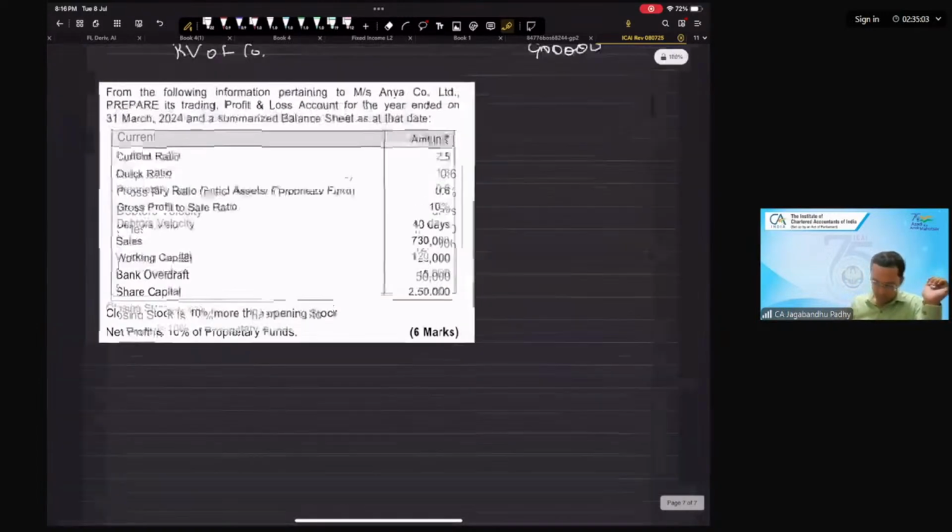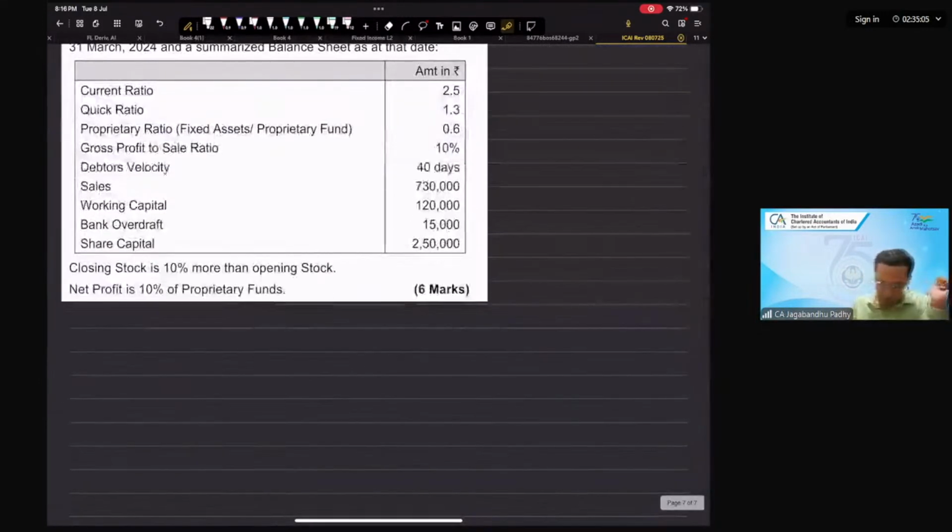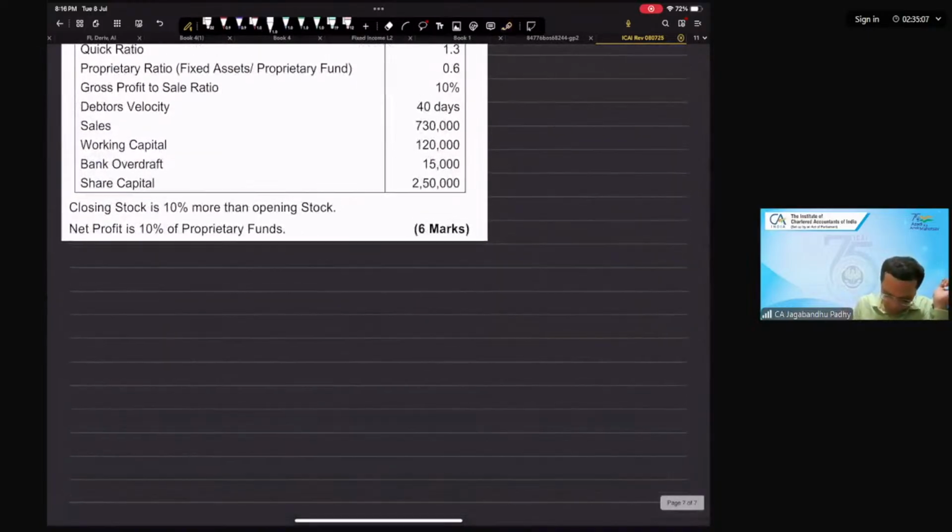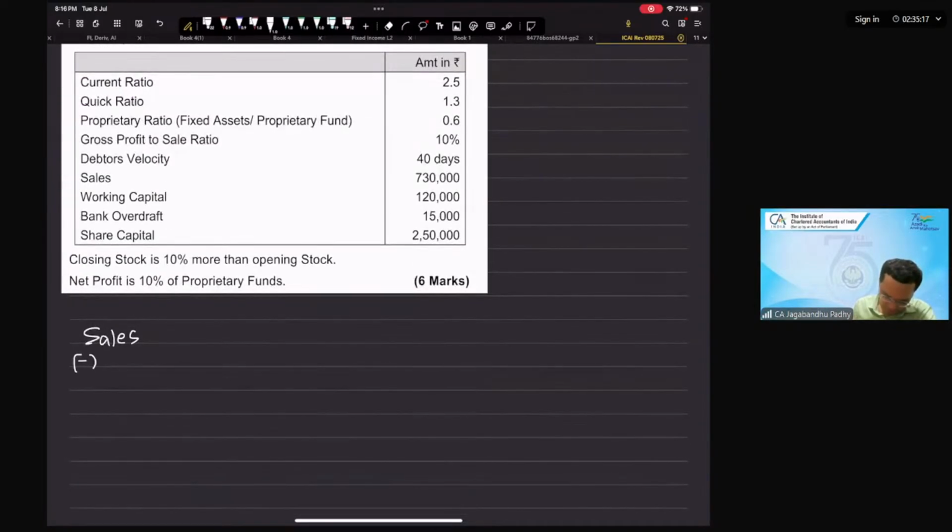Okay, so let's just prepare the format of P&L. P&L generally we should prepare in a vertical format because it's easier for us to put in the data. So we have sales, less we are going to subtract COGS, since we have the gross profit ratio. We get the gross profit number.